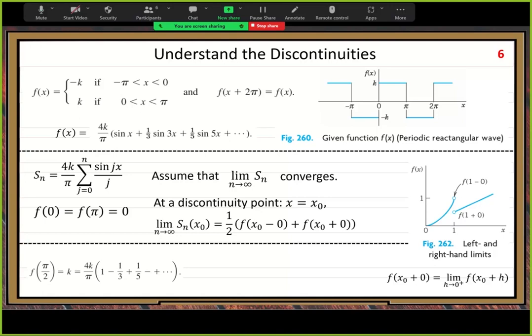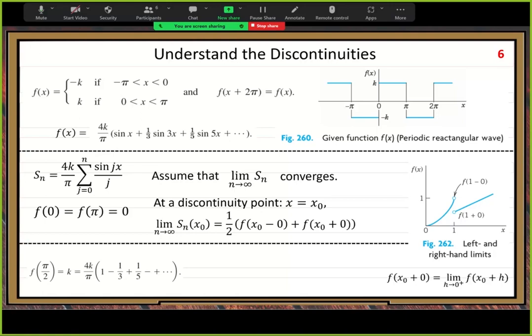Now let's plug in pi over 2. We know the original function is continuous at pi over 2, and by its definition its value there is k. But based on our Fourier series expansion, when x equals pi over 2, sine is 1.